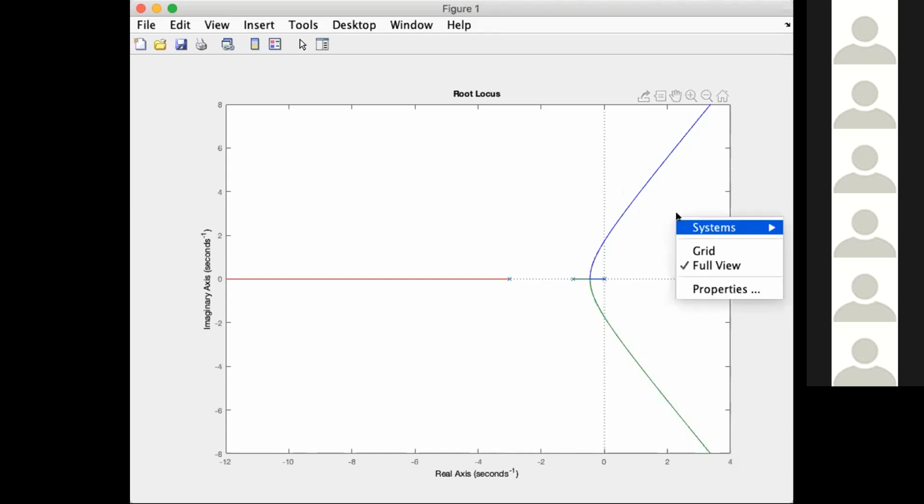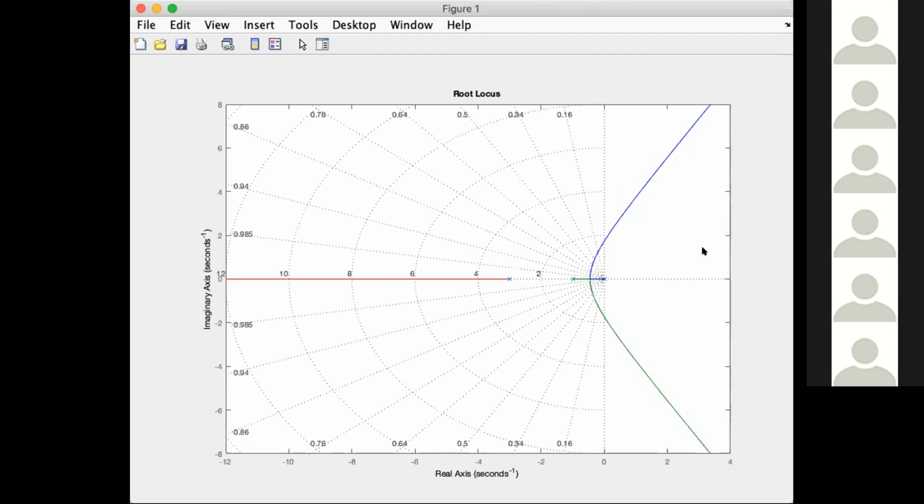So usually I turn on the grid, and then I change the properties. The limits I change, instead of 12, I put -4.